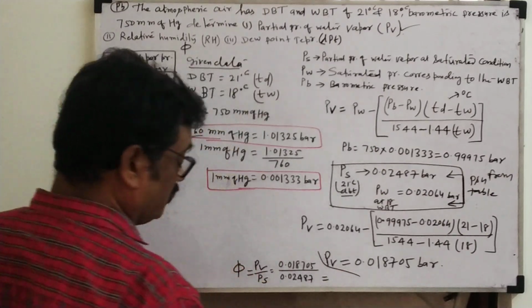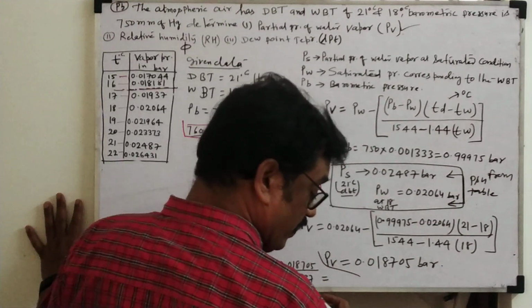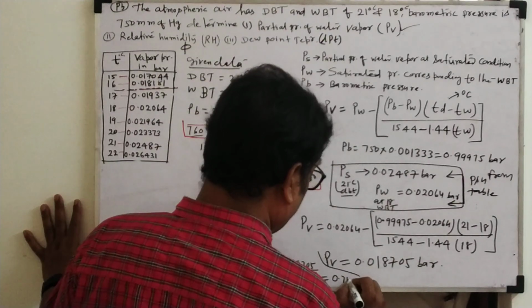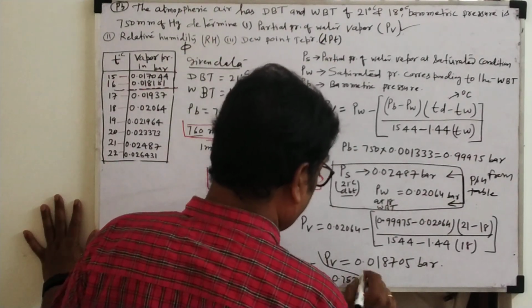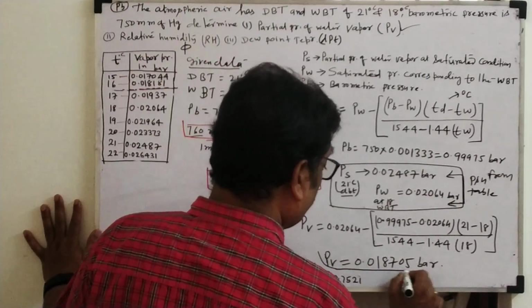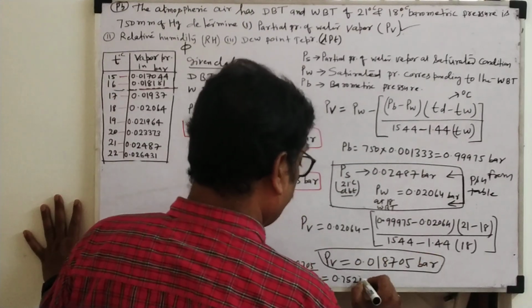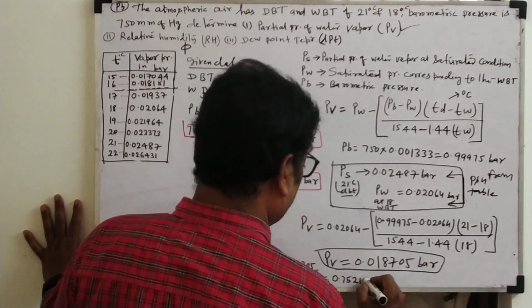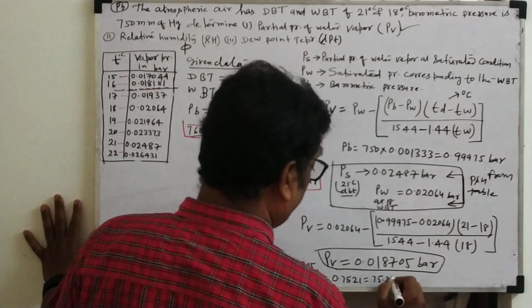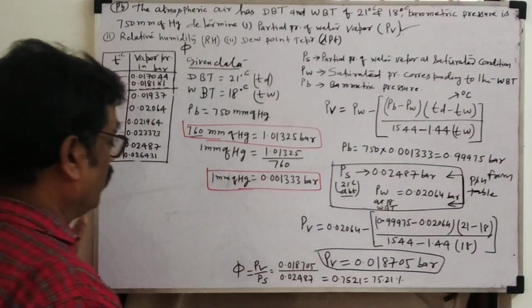If we calculate, this value is coming 0.7521. So the relative humidity, you can also write as percentage, so 75.21 percent. So we got two values.